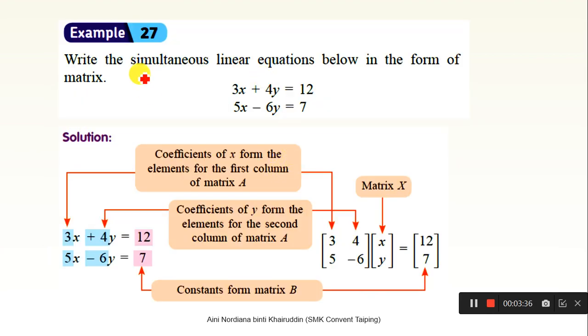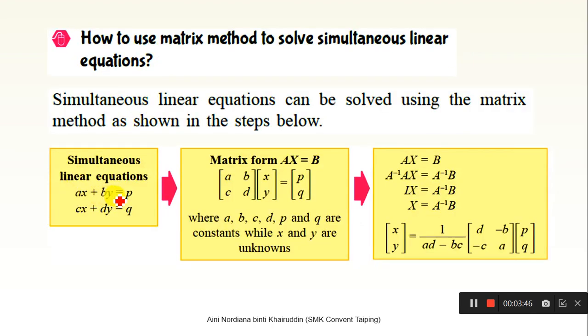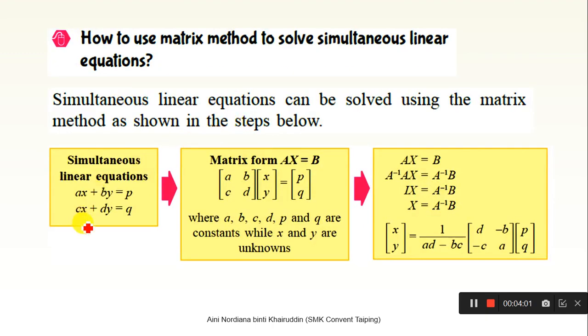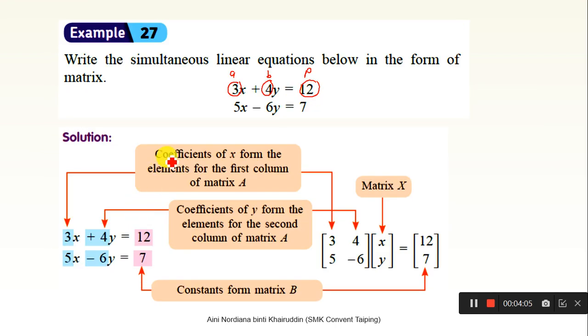So have a look at example 27. Write the simultaneous linear equation below in the form of a matrix. Remember just now, ax plus by equals p. So these are the values of a, b, and p. For the second equation, cx plus dy equals q.